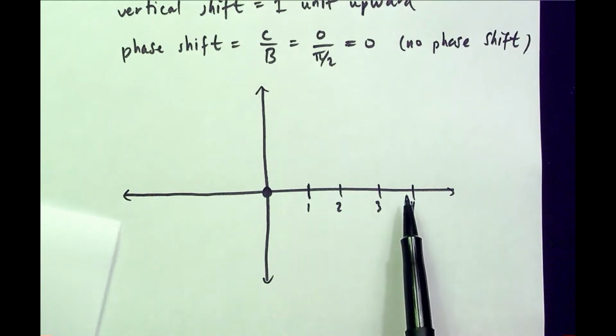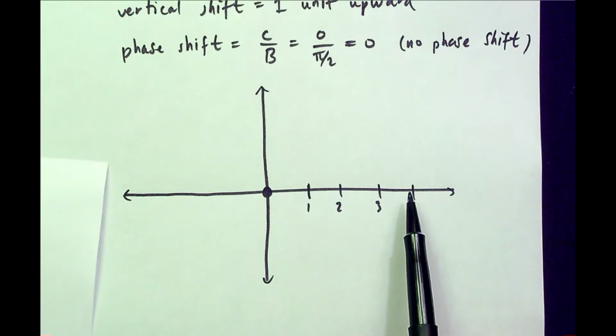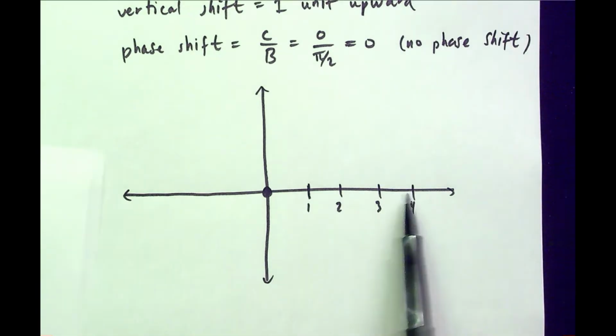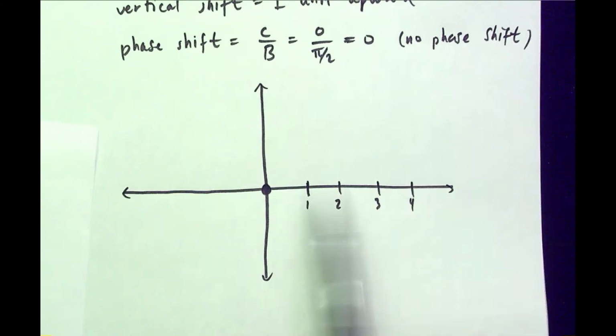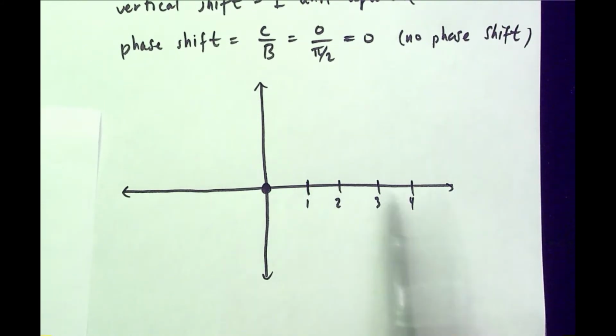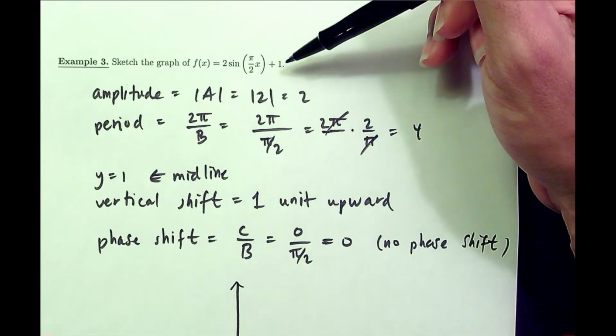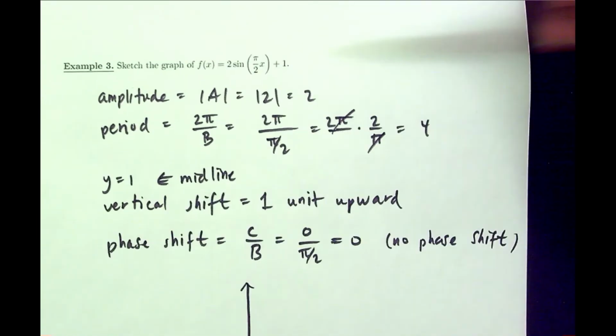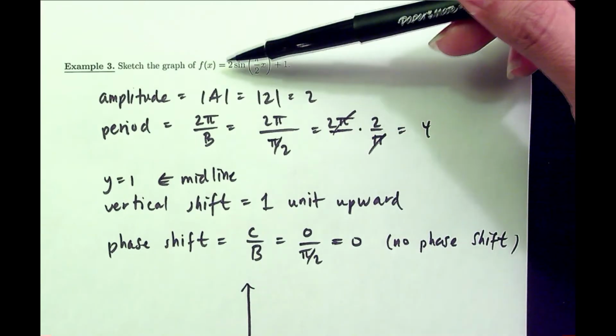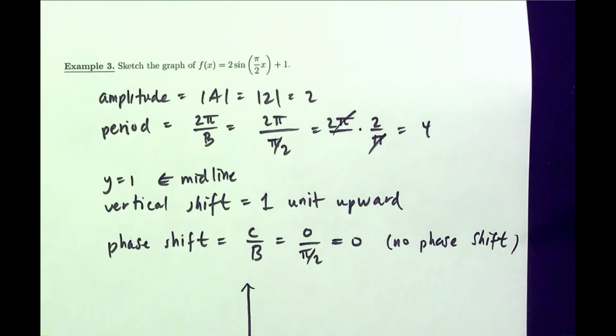So all I want to do is really figure out what are the y coordinates of the corresponding points over these tick marks. If you remember from college algebra, the y coordinate is only affected by the numbers outside of the function. So that means only this 2 and that 1 affect the y coordinate.